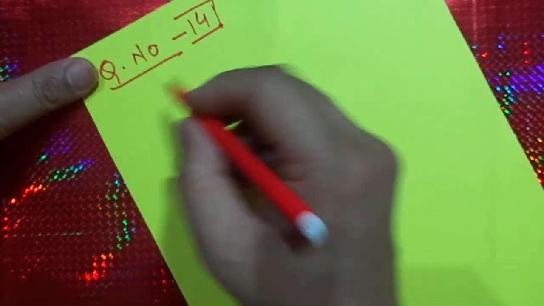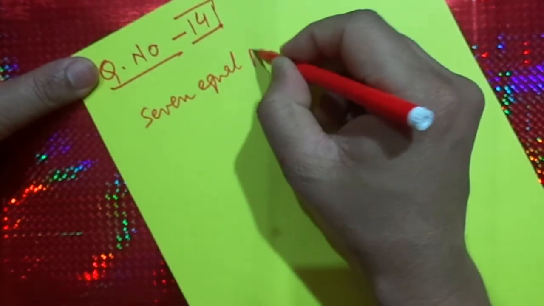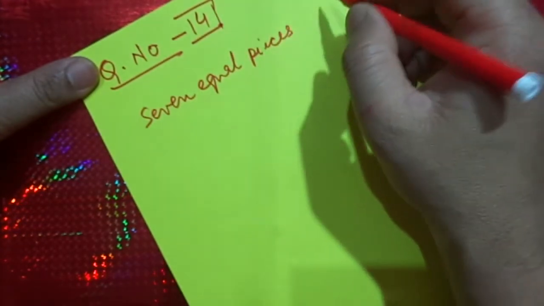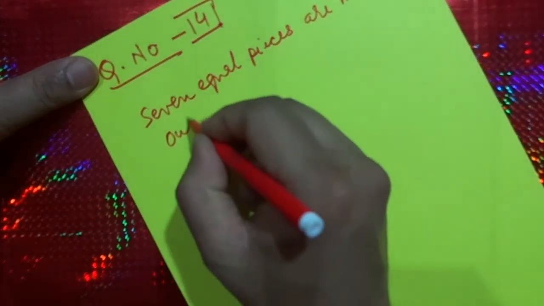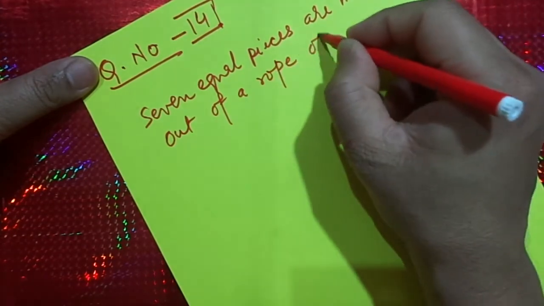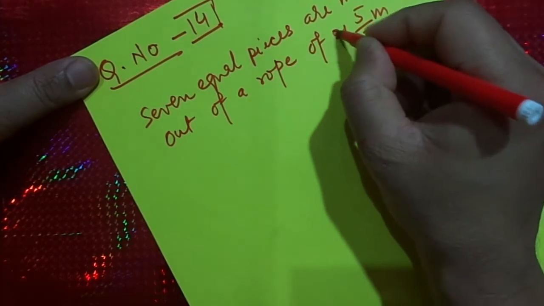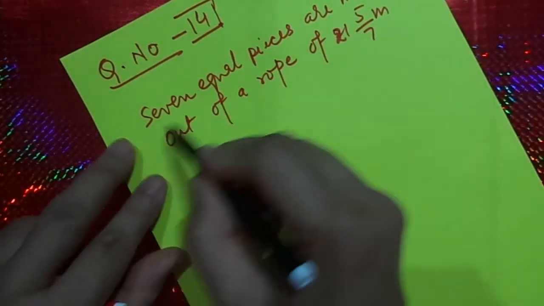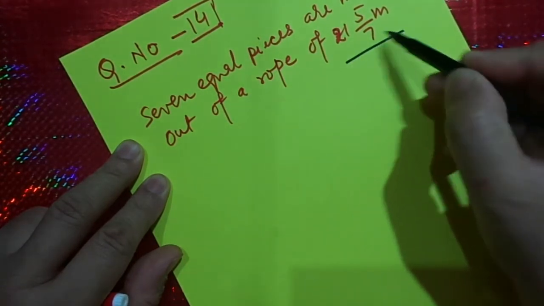7 equal pieces. See, they say that 7 equal pieces are made out of a rope of 21.5 by 7 meter.